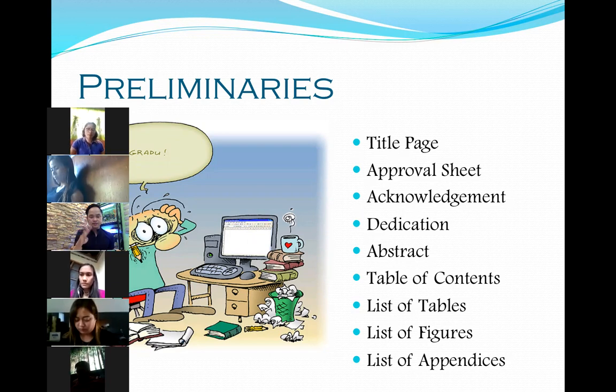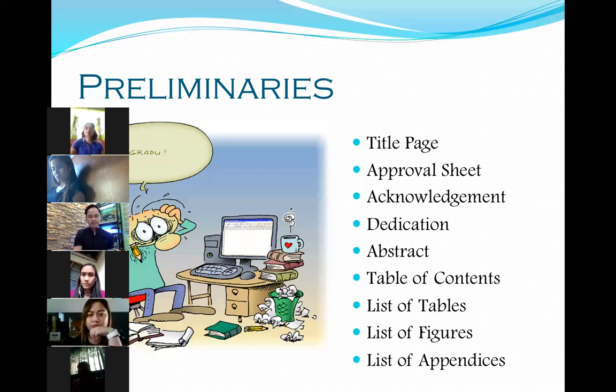So ibig sabihin, if you are going to present a proposal paper, you do not have findings and conclusions yet. So therefore, acknowledgement, dedication, abstract are not yet present during your proposal defense.